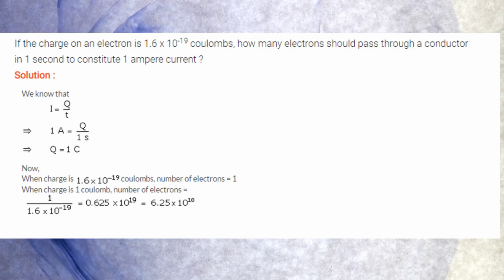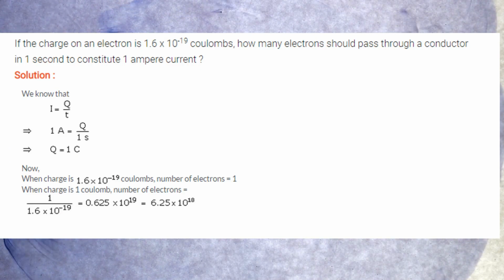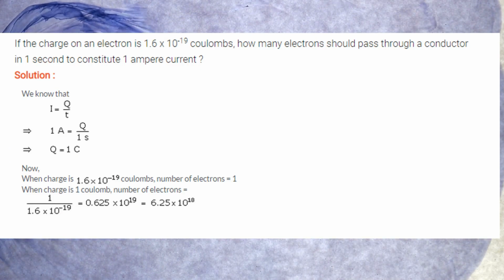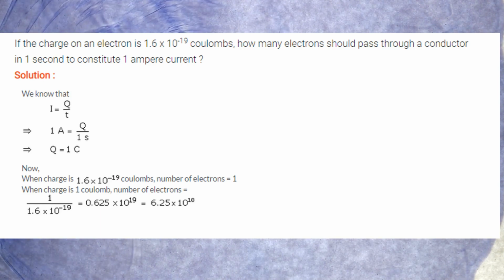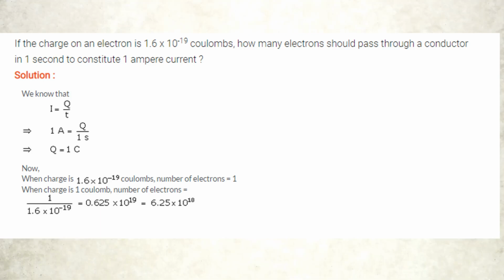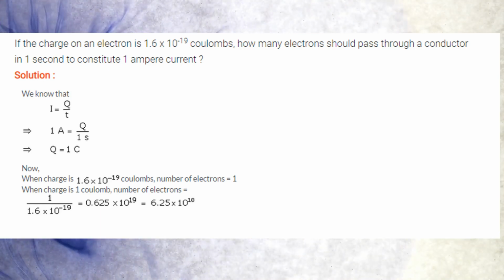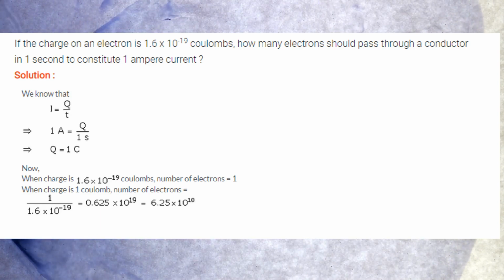If the charge of an electron is 1.6 × 10⁻¹⁹ coulombs, how many electrons should pass through a conductor in 1 second to constitute 1 ampere current? Solution: when 1 coulomb charge flows through a wire in 1 second, then the current through the wire is 1 ampere. I equals Q upon T, 1 ampere equals 1 coulomb per 1 second.